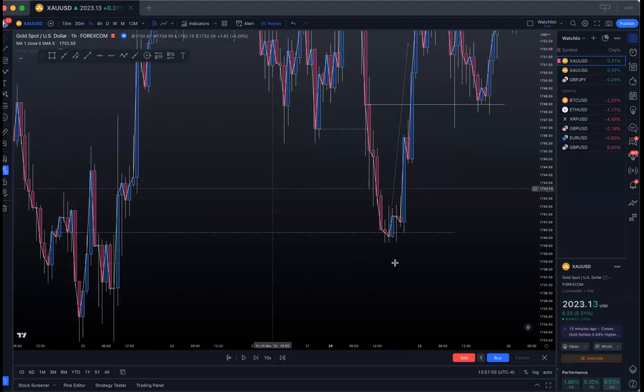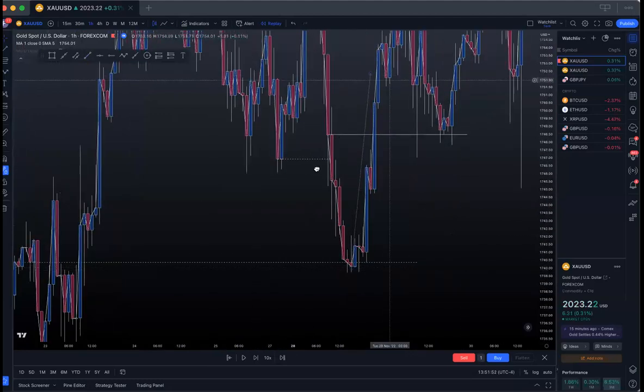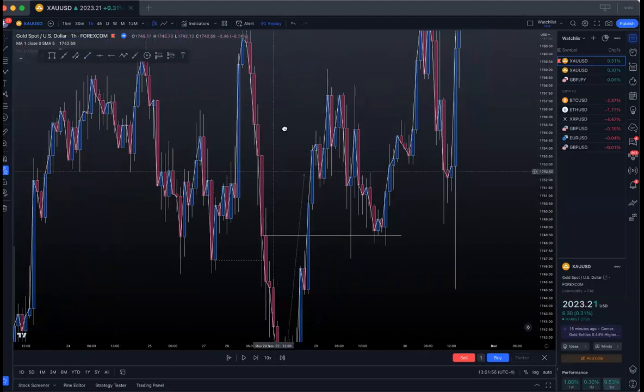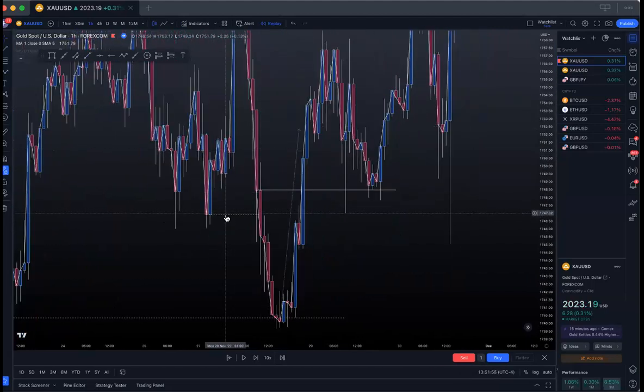It's coming off head and shoulders here, and it's breaking out. So there's multiple breakouts of key levels. You have key levels in here, key level here, key level here. So we could say that price wants to be bullish.